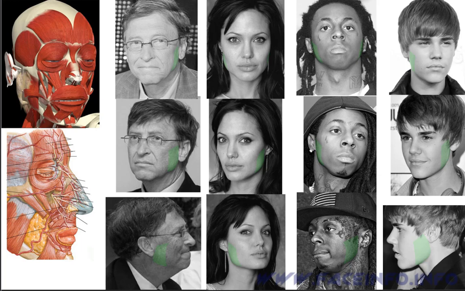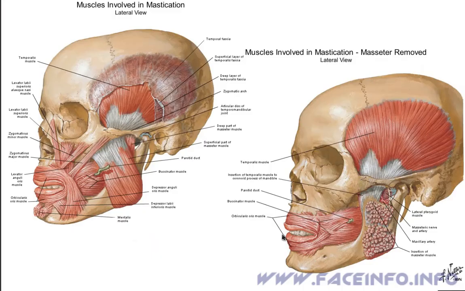So the mastication muscle or masseter starts from the zygomatic process of the maxilla. There. No, maxilla, it means upper jaw. This bone. Oh, sorry.